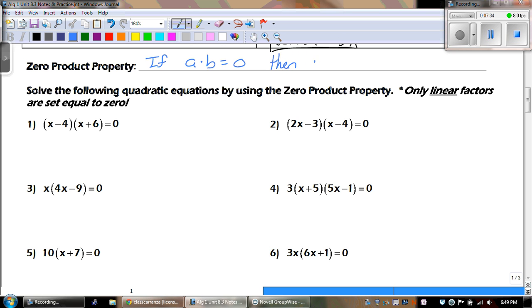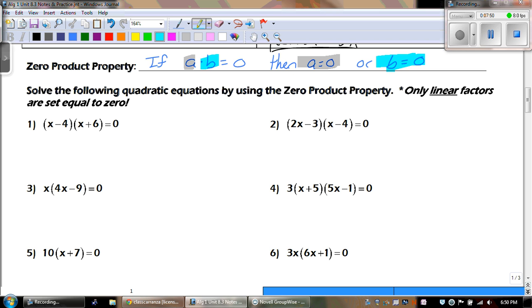So that means either a equals 0 or b equals 0. Either one of those, the a or the b, one of those has to be 0 to make that a true statement.